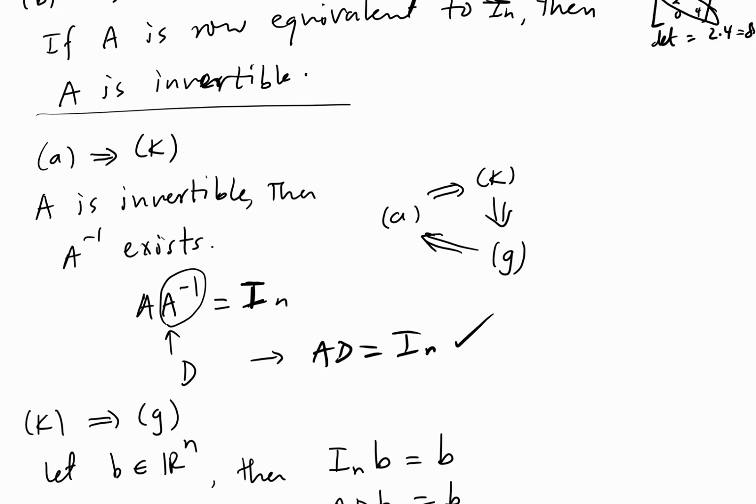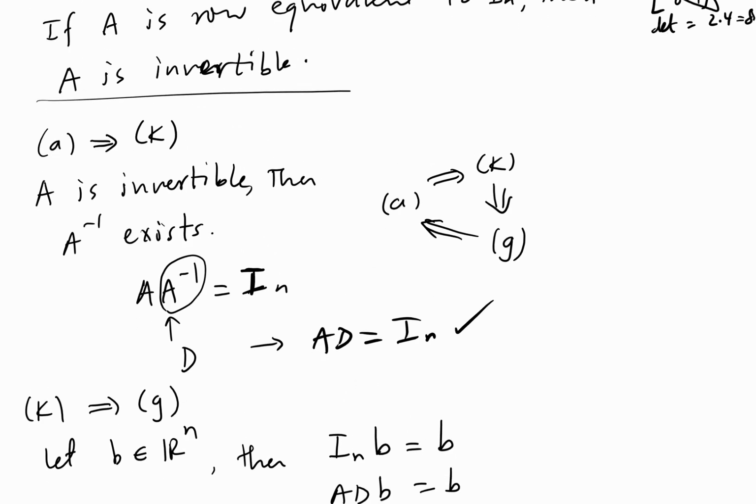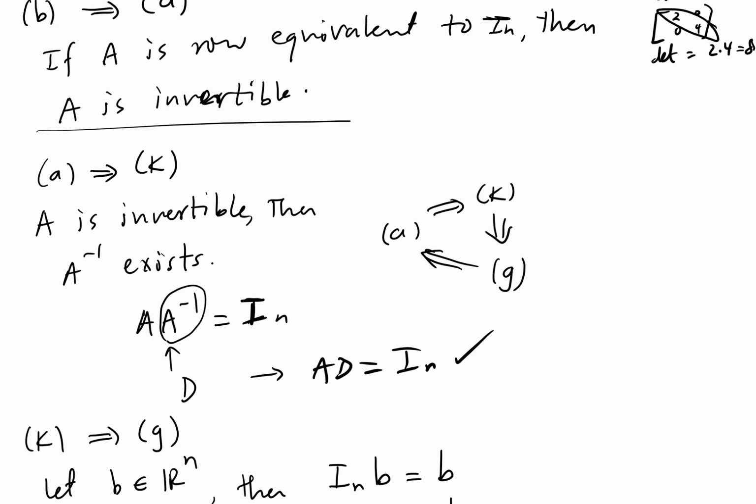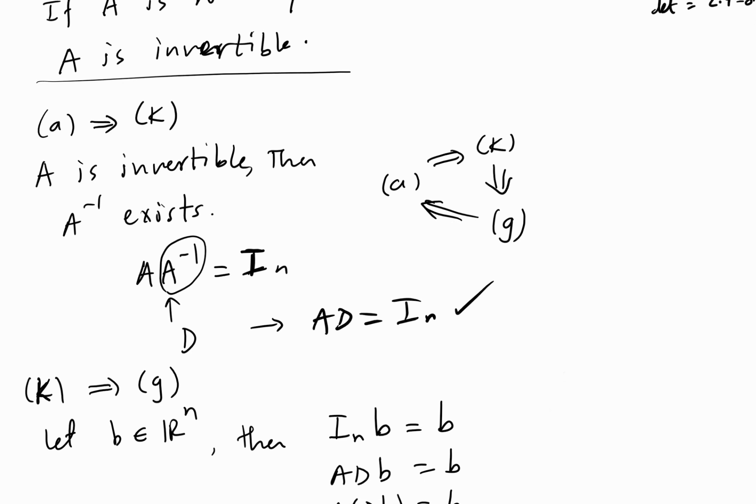We take any vector B in Rn, then In times B is B. It's like saying 1 times 2 is 2, but we need it that way, because I can use K, which says that In equals AD, and replace In with AD. So you get ADB equals B.